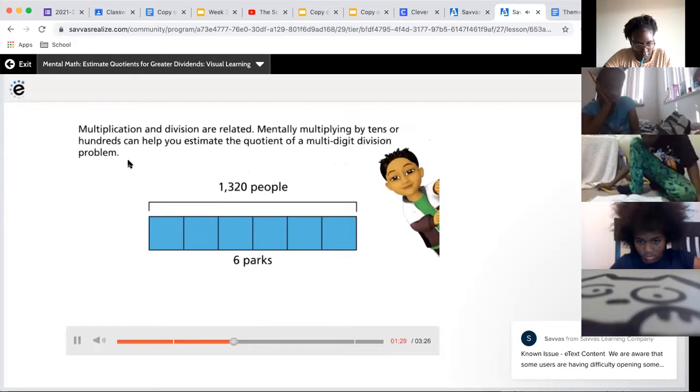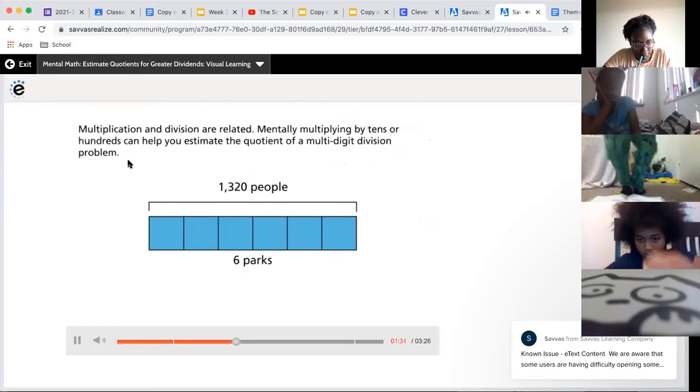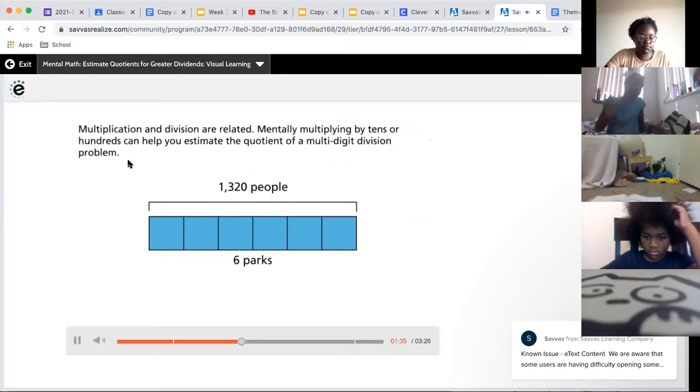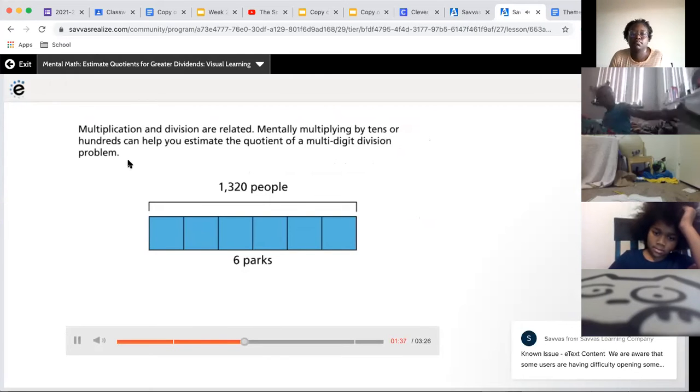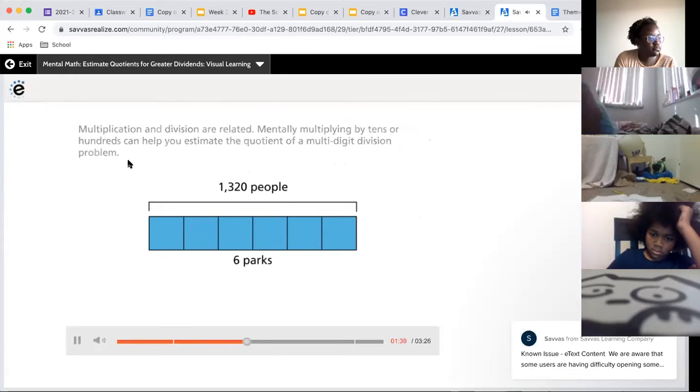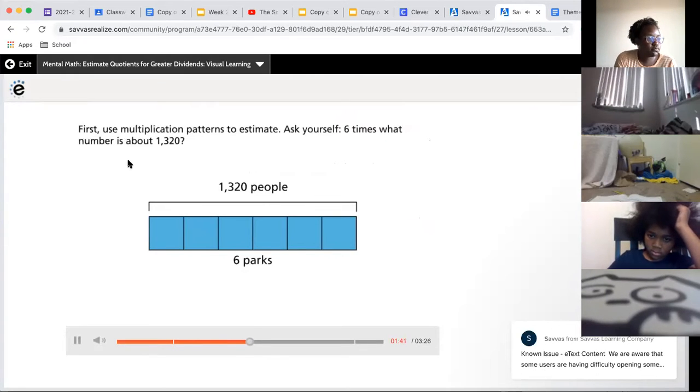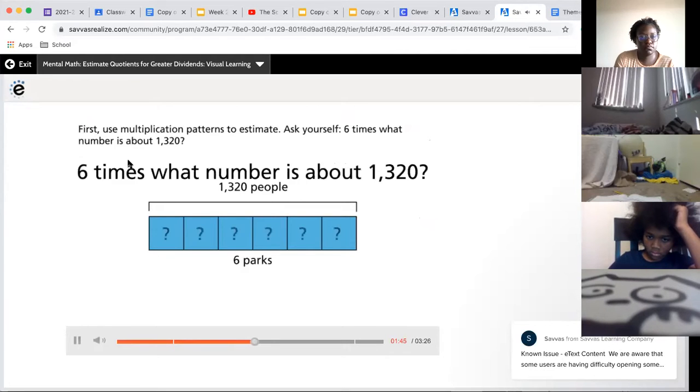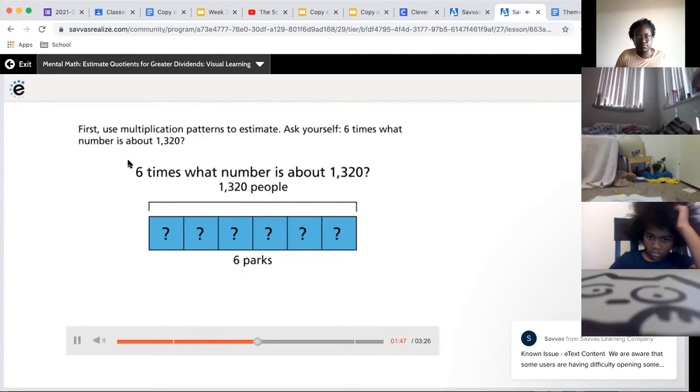Multiplication and division are related. Mentally multiplying by tens or hundreds can help you estimate the quotient of a multi-digit division problem. First, use multiplication patterns to estimate. Ask yourself, 6 times what number is about 1,320?